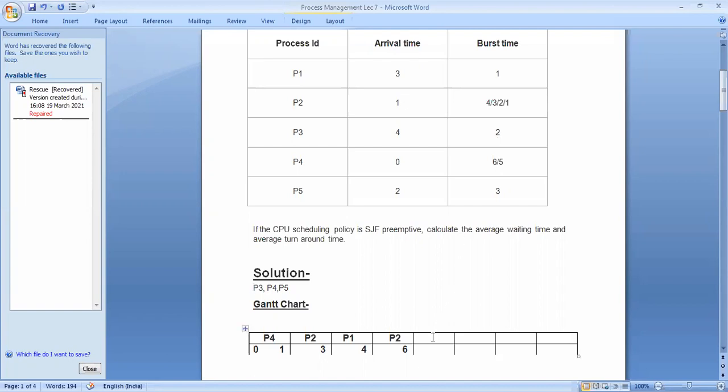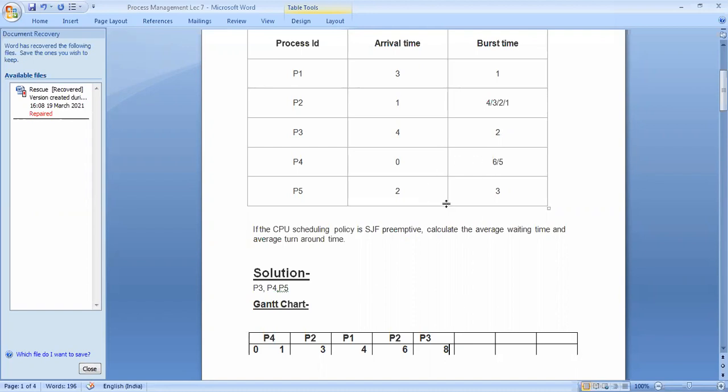So P3 process will execute. P3's burst time is 2. After 1 again you can compare, but actually P3 has less burst time, so we continue and can write 8. That means it will execute 2 times.